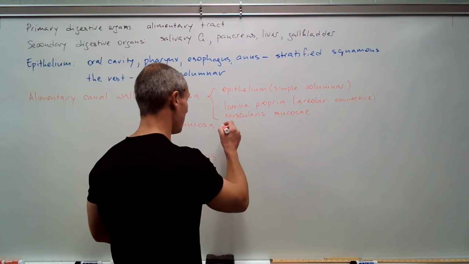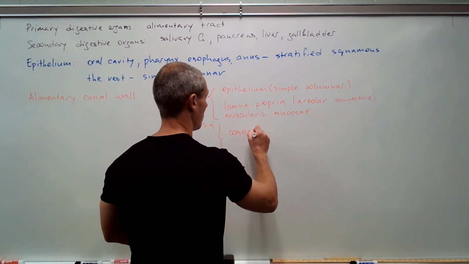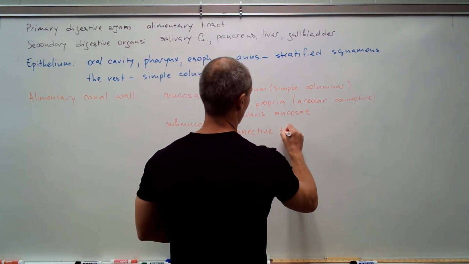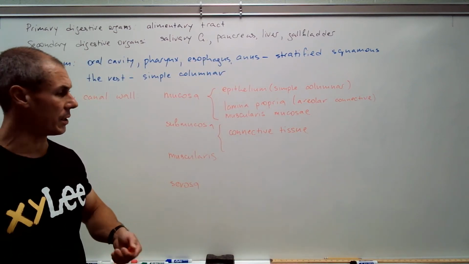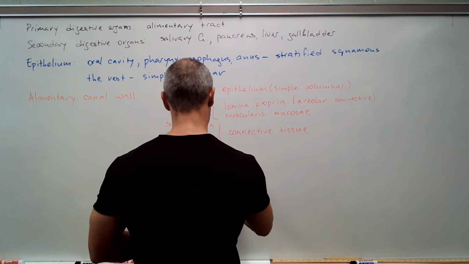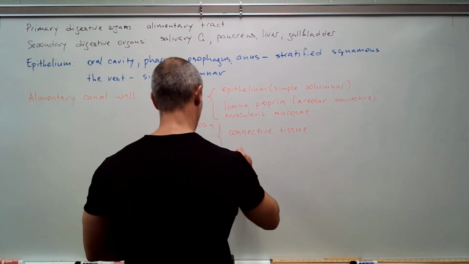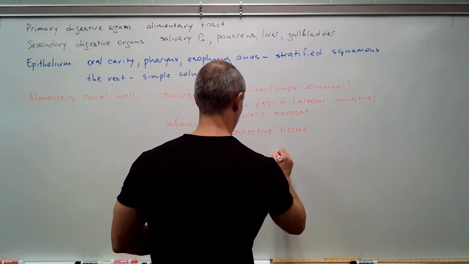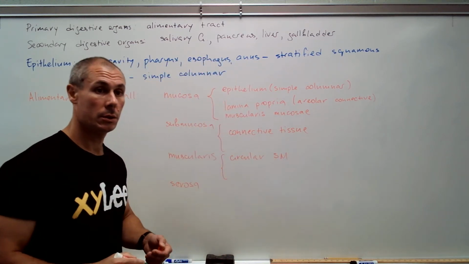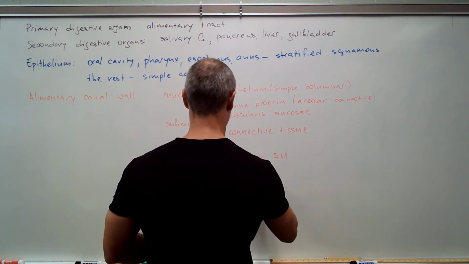In submucosa, just connective tissue. In this connective tissue, you have some glands, some blood vessels, and so on and so forth. Muscularis, generally speaking, has two layers: a layer of circular smooth muscle and longitudinal smooth muscle.